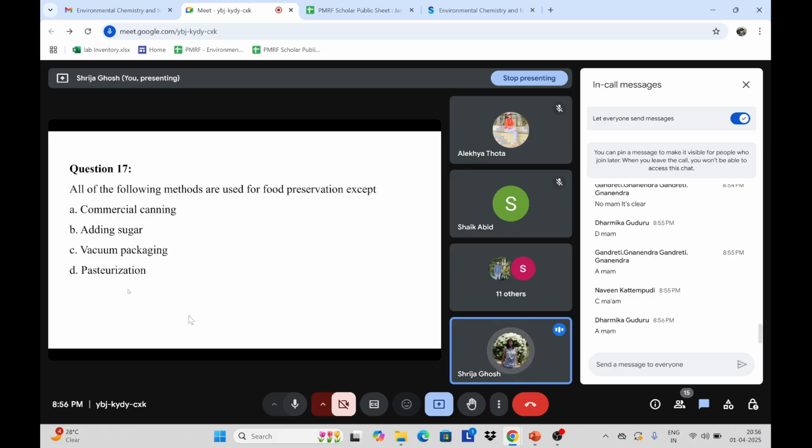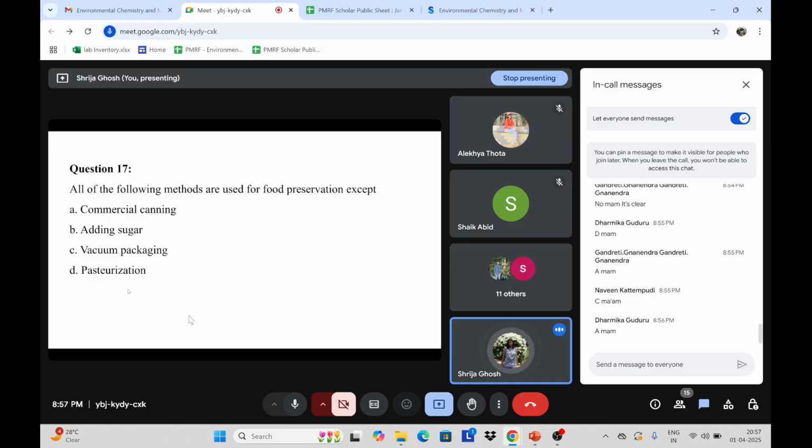So you see certain canned foods, right? Like you get corn in a can, or you get certain sauces in the can. So those tin cans, they are made from multiple layers of metal, and they are made in such a way that microbes cannot grow inside that can. Okay, microbes cannot enter the can.